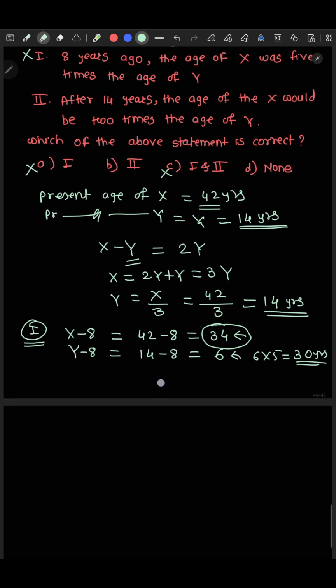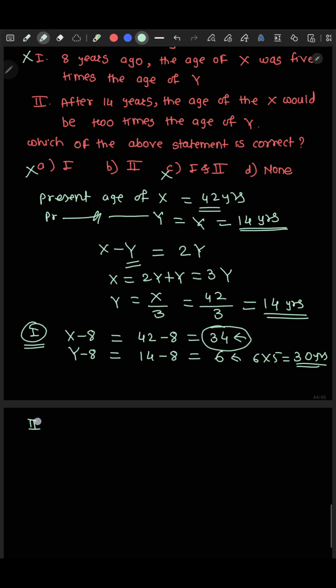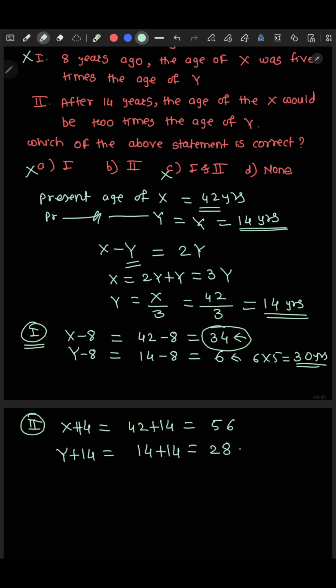Now let's check the second option. Second option, after 14 years, that means X plus 14. Okay, so what is X plus 14? So 42 plus 14, that is equal to 56. And for Y plus 14, that is 14 plus 14, that is equal to 28.